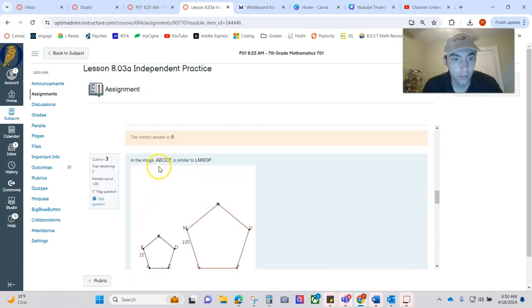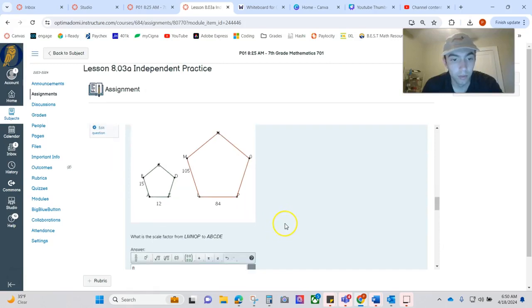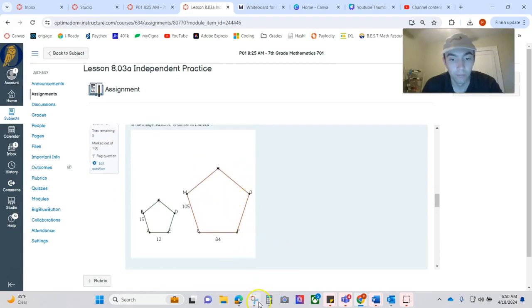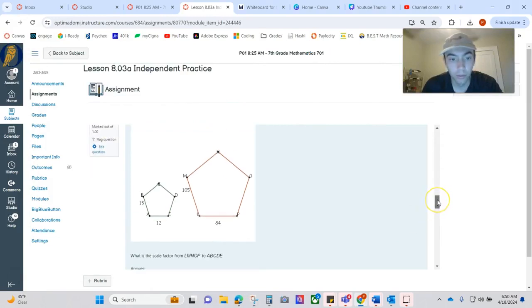In the image, ABCDE is similar to LMNOP. What is the scale factor from LMNOP to ABCDE? Okay. So we are going from LMNOP to ABCDE.